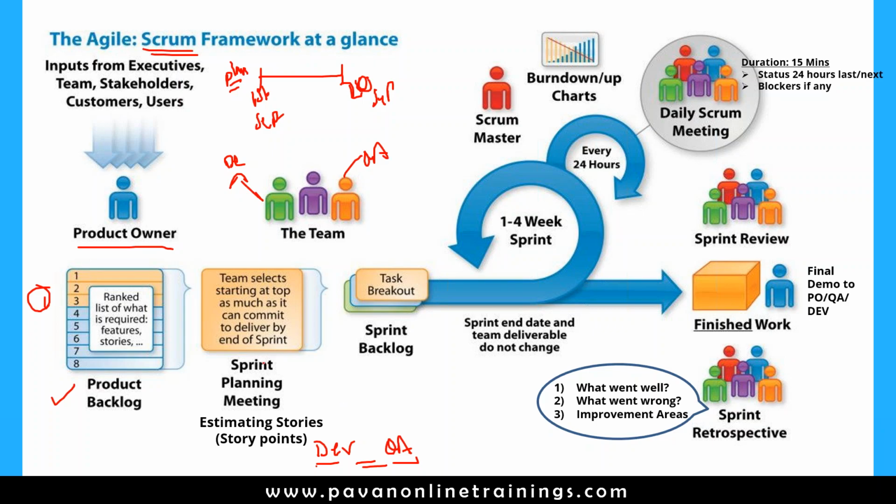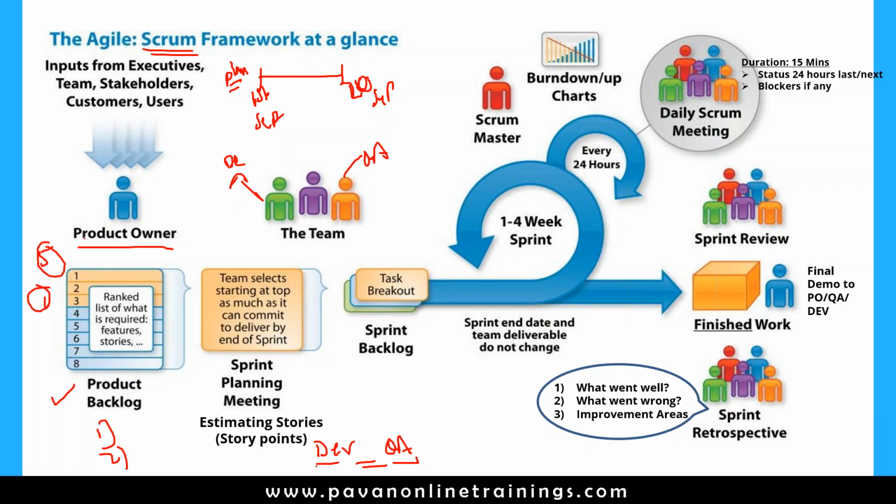Okay, that will happen during the sprint planning meeting. The main activity is, one, story point estimation, and second, they will decide what stories we have to implement as part of this particular sprint. Sometimes the product owner says, I want you guys to complete 5 different stories in the first sprint itself.